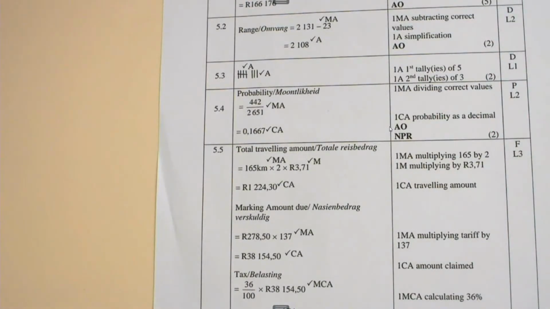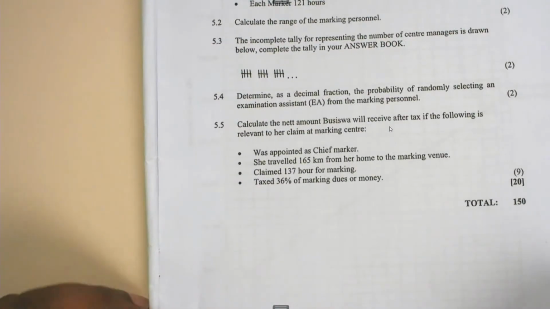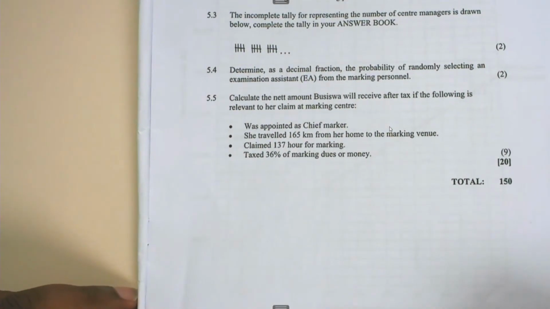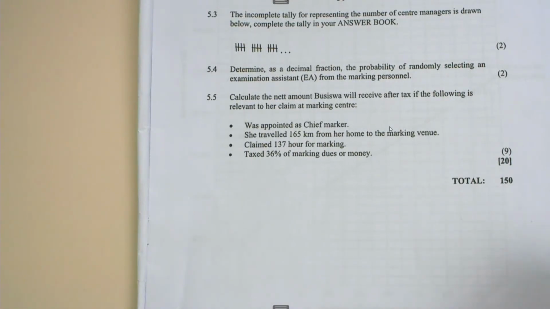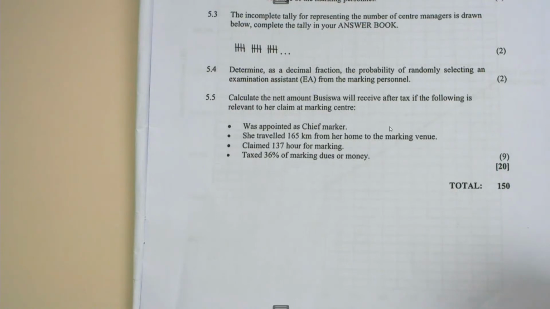That was 5.4. Now, the last question of this question paper, question 5, says calculate the net amount Busiswa will receive after tax if the following is relevant to her claim at marking center. She was appointed as a chief marker.